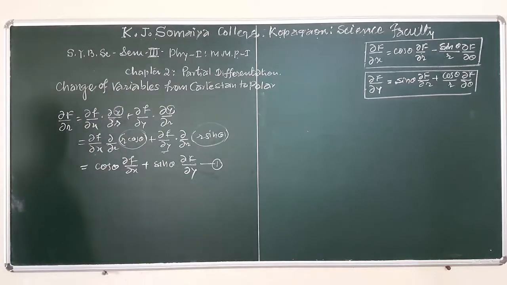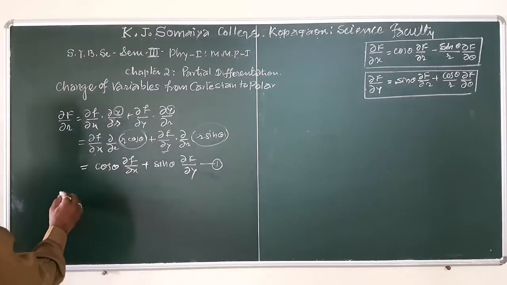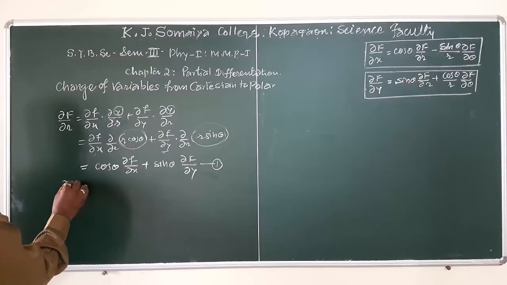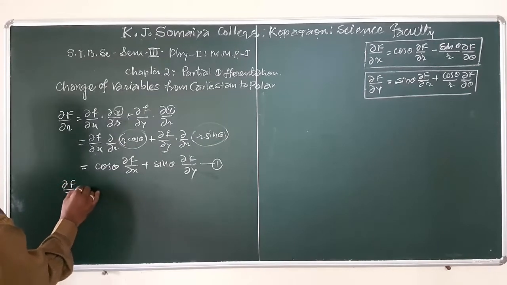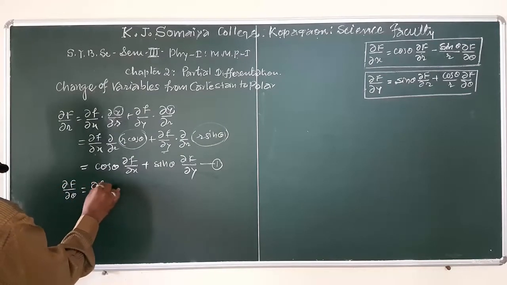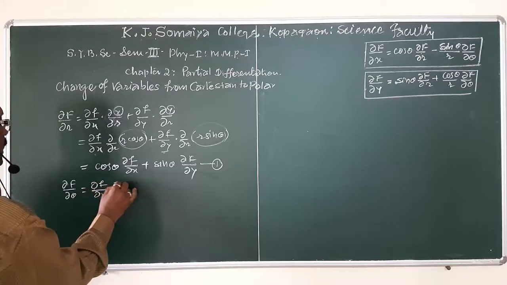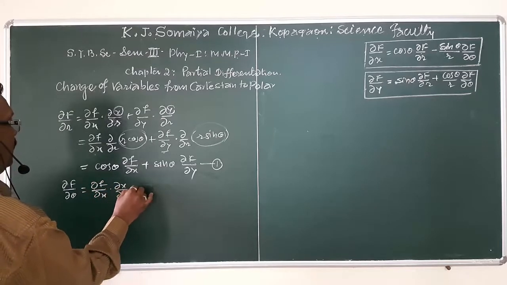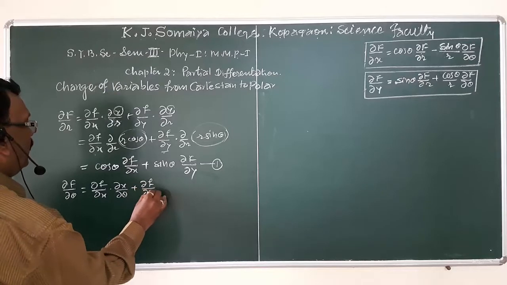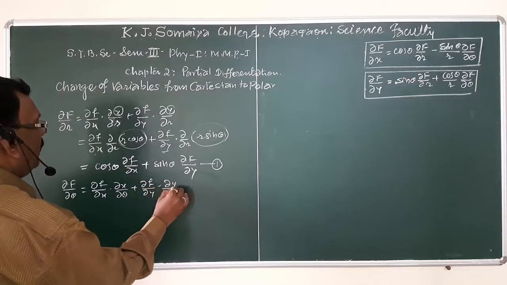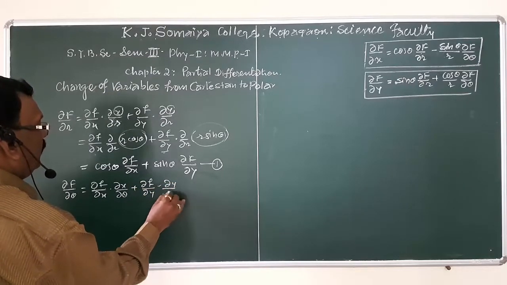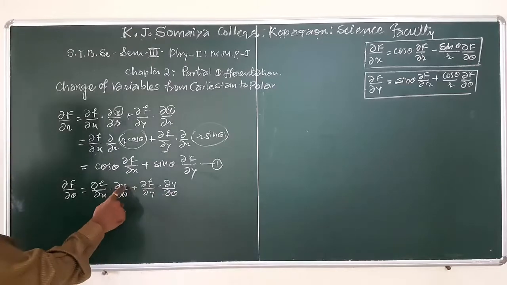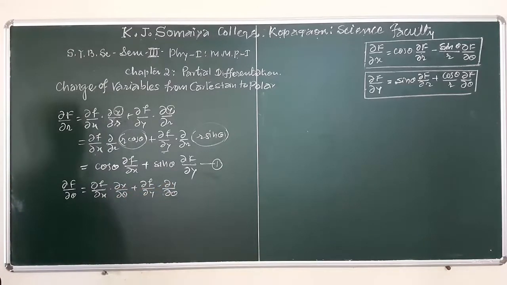Now we can also write the chain rule for theta, that is delta f by delta theta is equal to delta f by delta x into delta x by delta theta plus delta f by delta y into delta y by delta theta. Now again substitute the values of x and y, that is r cos theta and r sin theta.